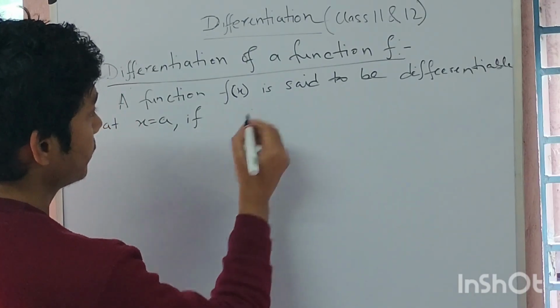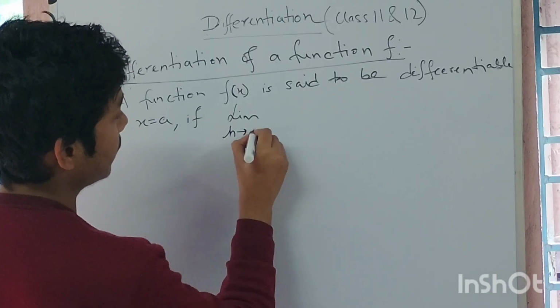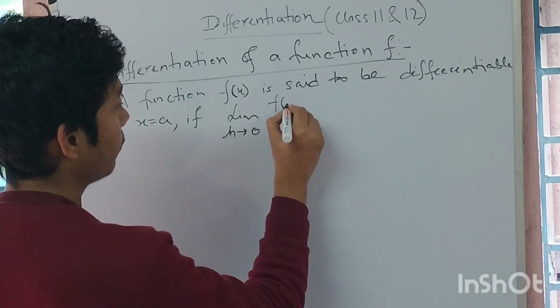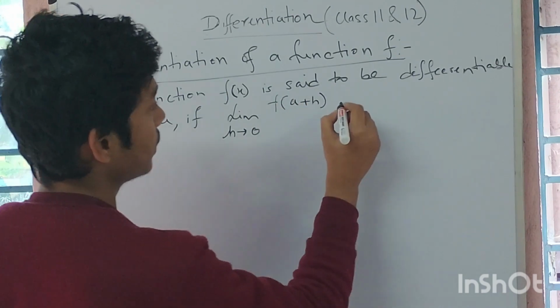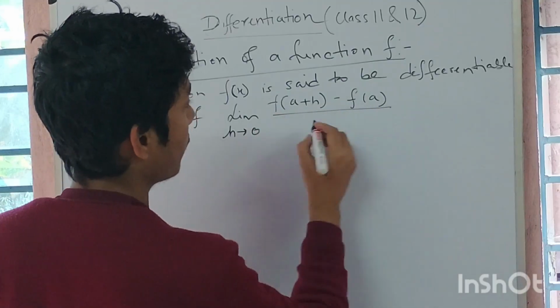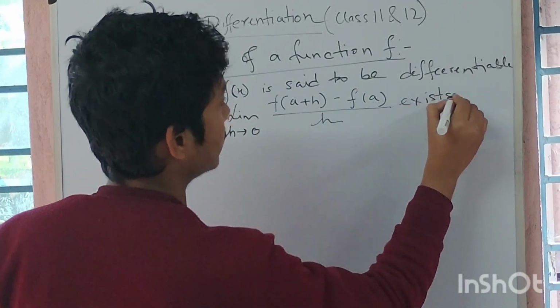The condition is limit h tends to 0 of f of a plus h minus f of a, by h, exists.